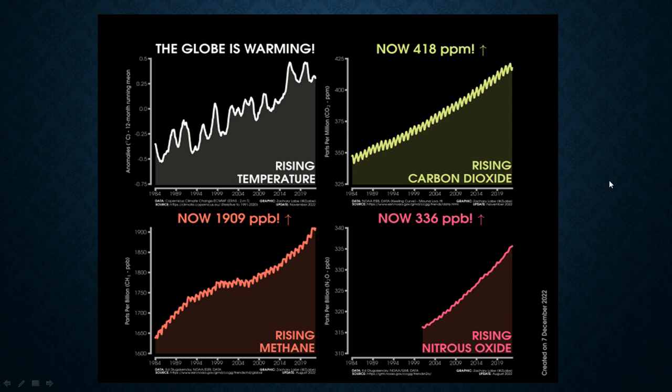Now, the other 3 are simply showing what's going on with the CO2 and the methane and the nitrous oxide. Okay? So again, the oscillatory nature reflects seasonal variation, but the overall trend is unmistakable. It's increasing. Little arrows up here. We see the same thing for methane. Might have been a little flattening out about the turn of the century, and then it kicks back up again.